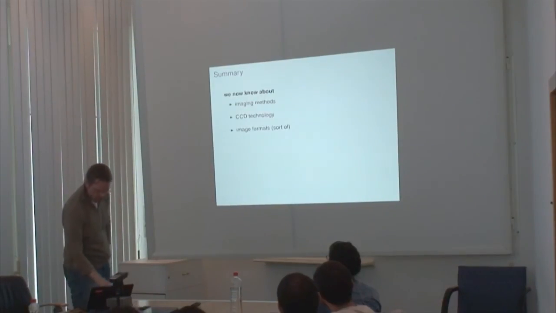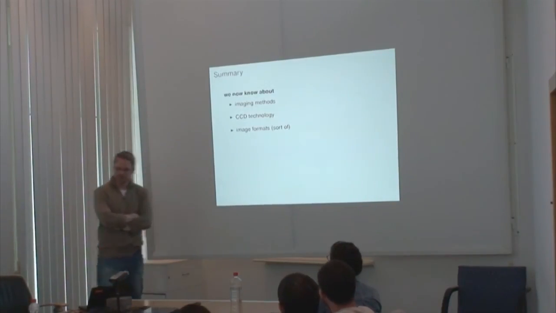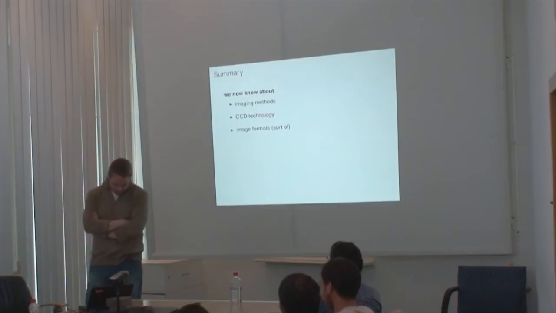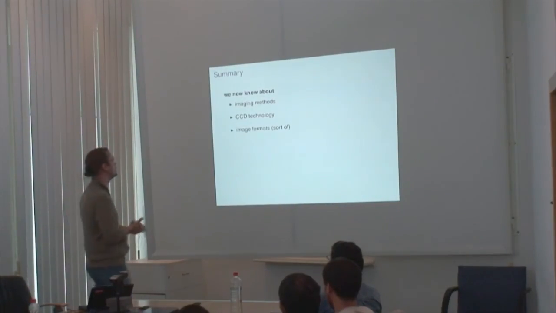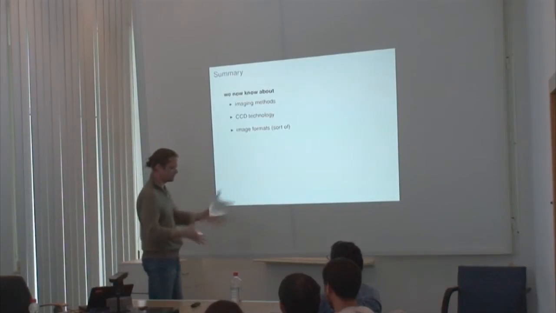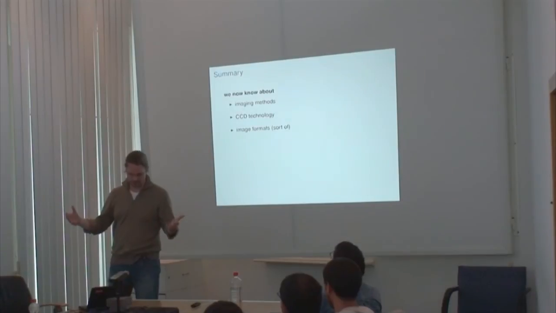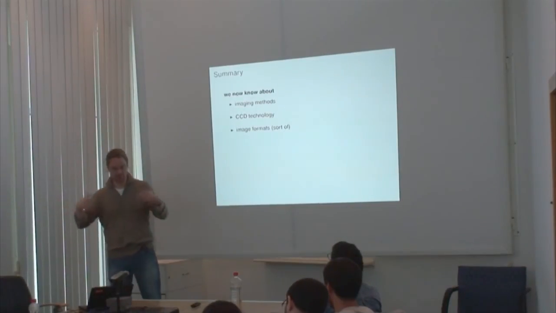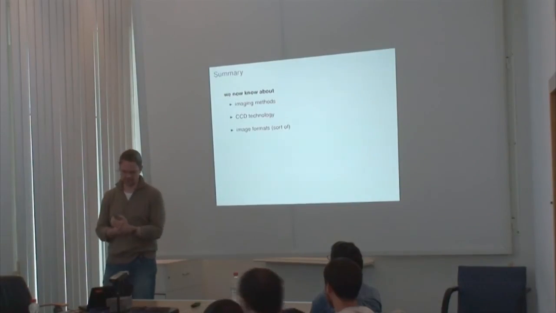Okay, that's all I've got for today. We are now prepared to dig deeper. We now know about different ways of visualizing light. We can record reflected light, emitted light, absorbed light, and light of different wavelengths.